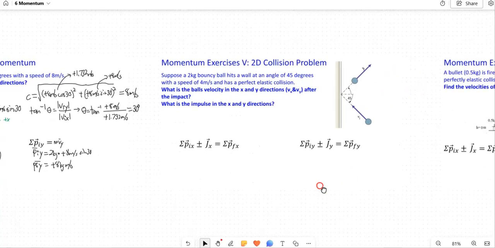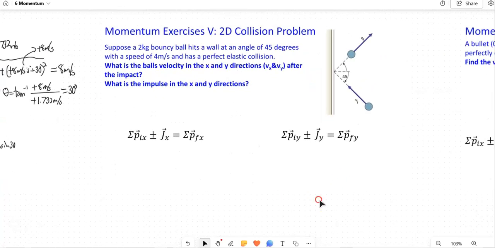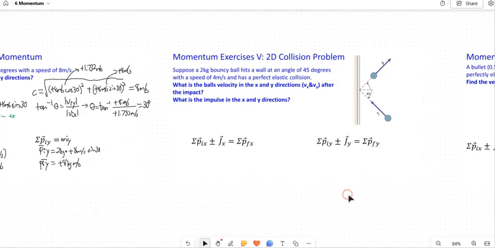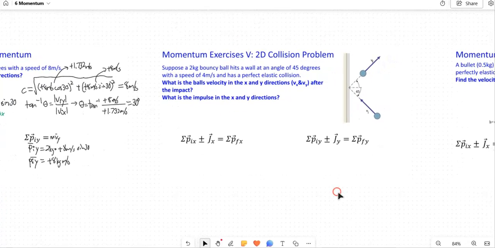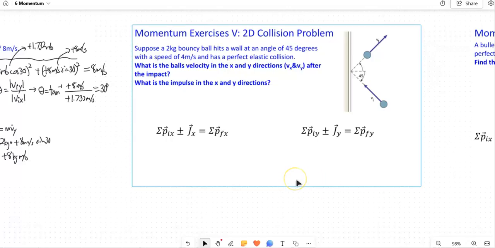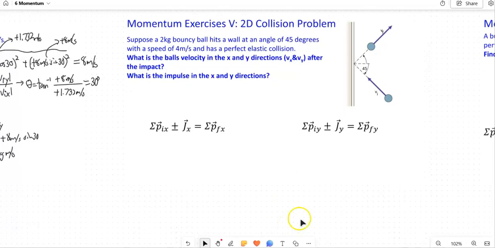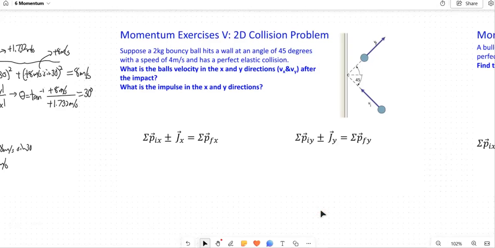Okay, let's move on to our first two-dimensional problem where there's an actual collision happening. Now, in a way, this is kind of a review of 6.1, but just really simplified, okay? Now, in this problem, we have a 2 kilogram bouncy ball that is traveling at 4 meters per second.